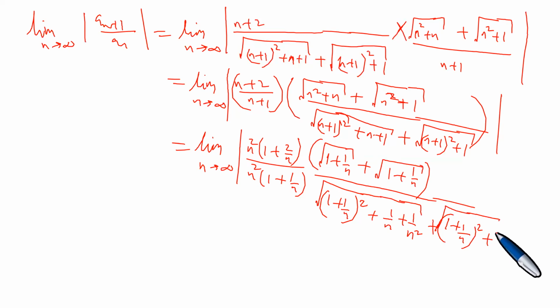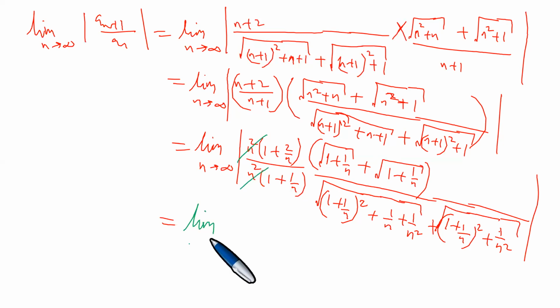Plus, and then now you factor out n squared, which is 1 over n squared. Yes, like this. So n squared cancels out. So this one cancels out, giving the limit as n approaches infinity.